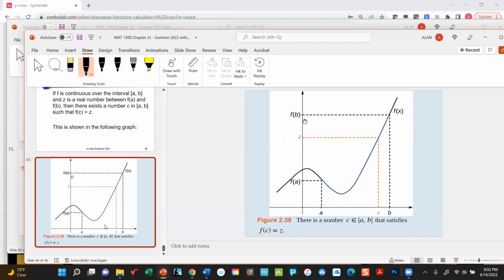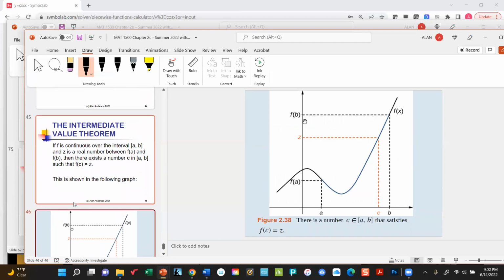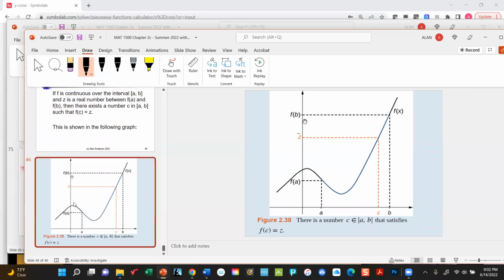What they're basically saying is that if the function is continuous between a and b, which it is, here's a and here's b, then we know that if we pick any value between these two, there must be some value between a and b which is associated with that.